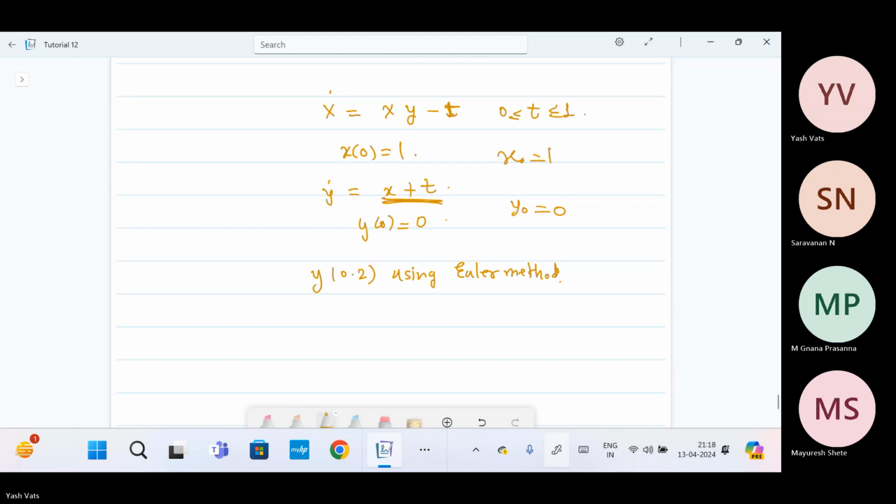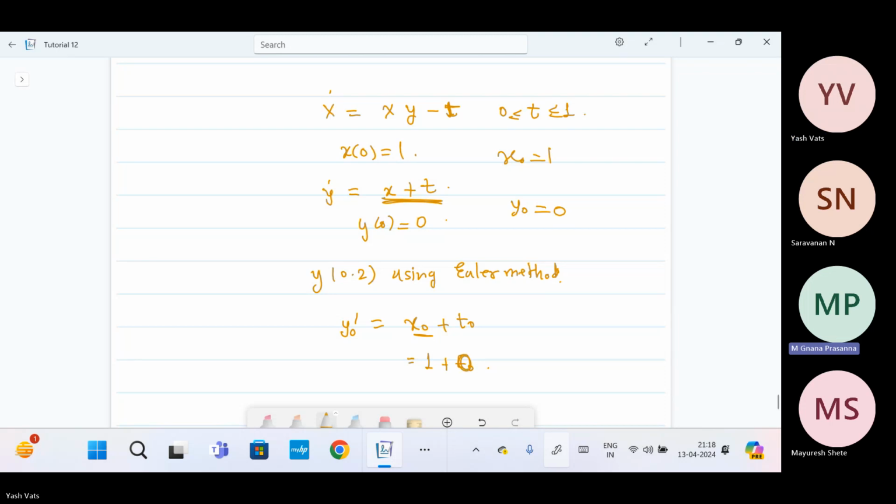Then my doubt is, f(x, y) is equal to x plus t. Then this is y dash actually, according to our formula. Then y0 dash is equal to what? In the modified method, we require y0 dash and y1 dash. y0 dash will be x0 plus t0, and this x0 is already given as 1, plus t0. T0 is your initial value, 0.